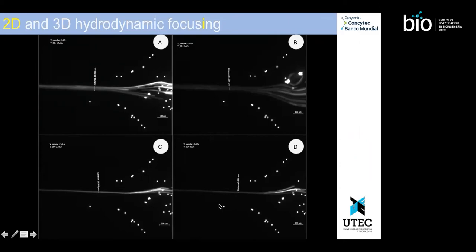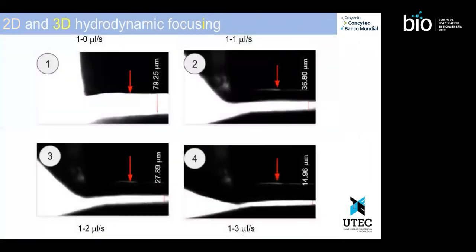We can also do this in the 3D focusing. So with different flow rates, we can push down. This is the side view of the flow. We can push down the flows, and you can see that at a higher flow rate, we can push down the flows of the particles.